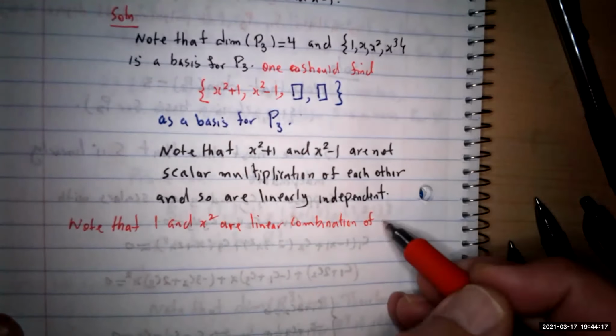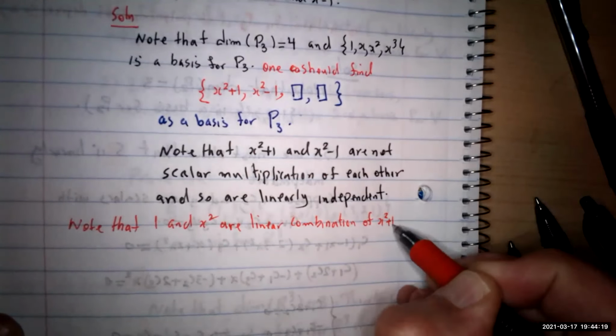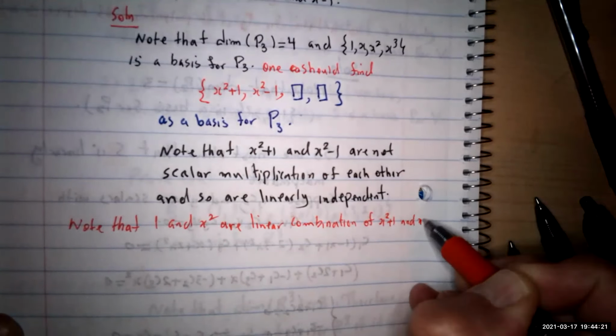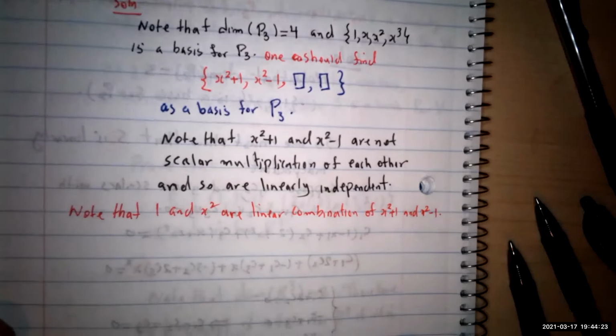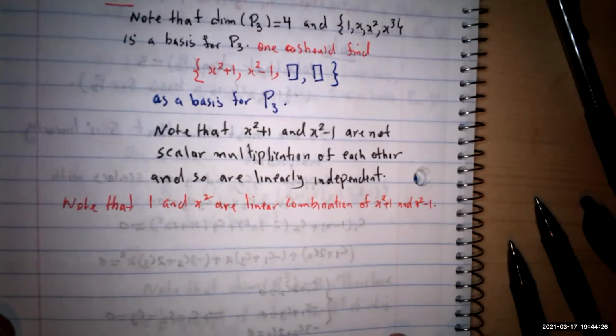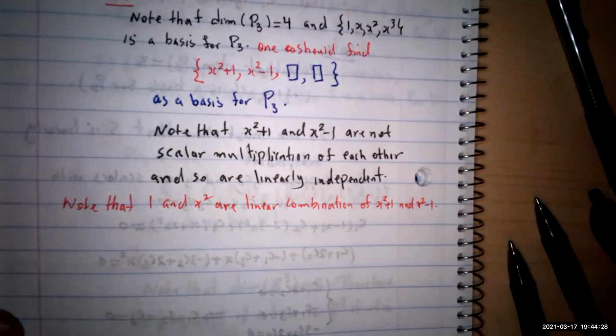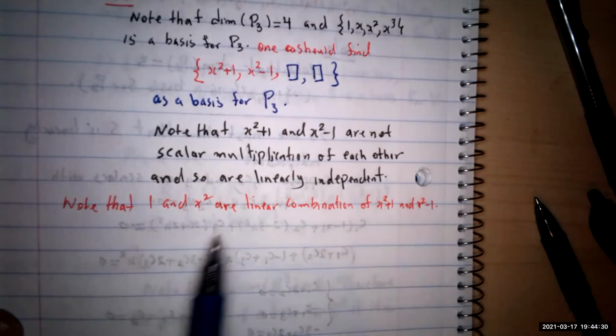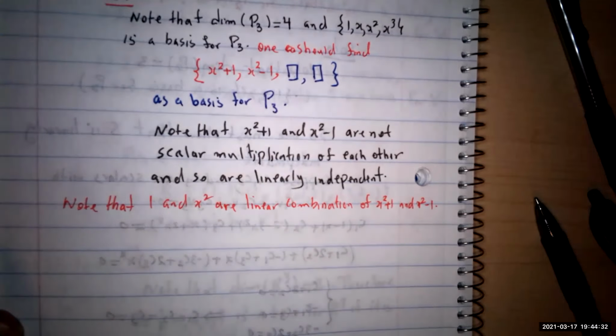A combination of what? Of x squared plus 1 and x squared minus 1. So we cannot put them over here. It can be easily seen.